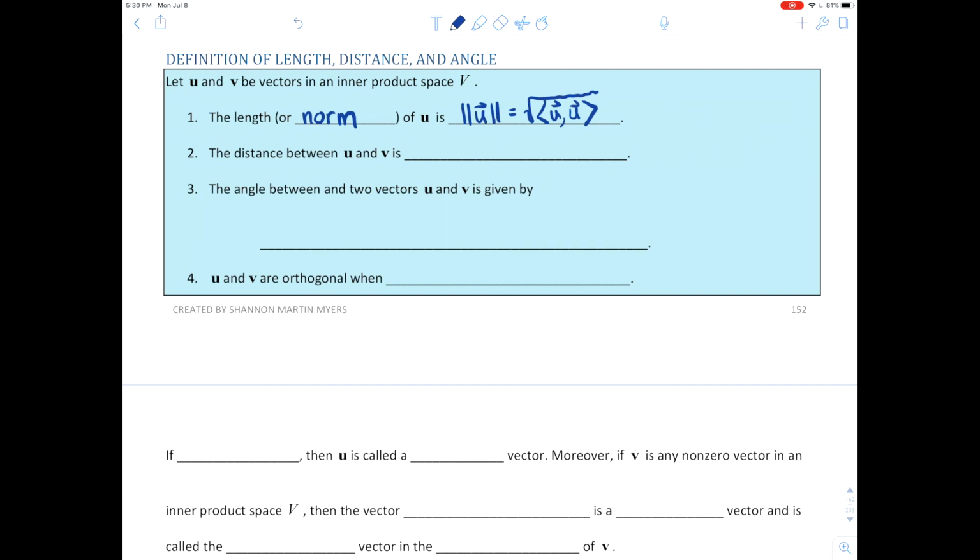The distance between two vectors u and v is the magnitude of u minus v, just like before, but we could write that, couldn't we, as the square root of the inner product of u minus v with itself.